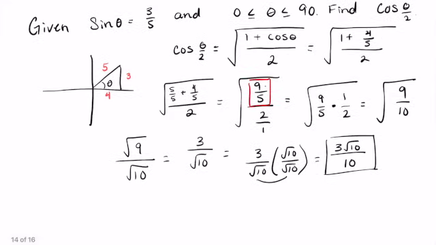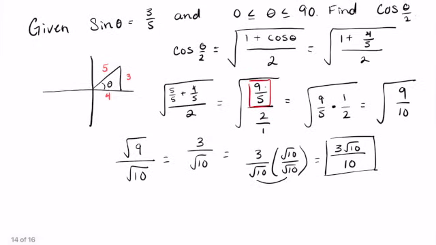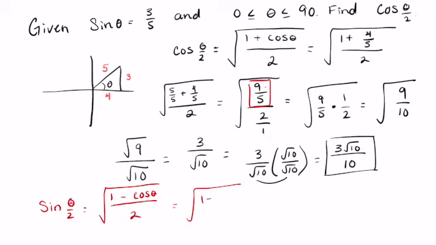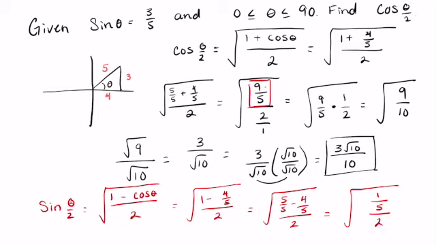Now, what if we said find the half angle of sine? Well, if I wanted to find the half angle of sine, I'm going to utilize the exact same method, except we're going to use our half angle for sine, where it's 1 minus the cosine of theta over 2. So I have 1 minus 4 over 5 over 2, which becomes 5 over 5 minus 4 over 5 over 2, which gives me 1 over 5 over 2.